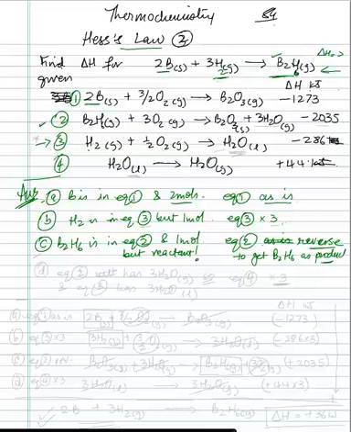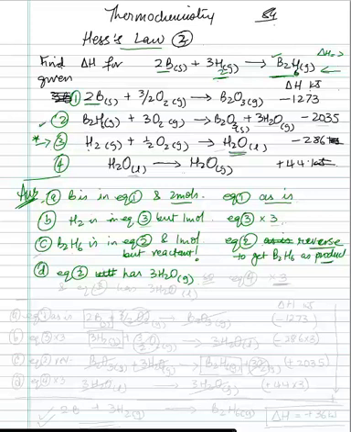All right, so now at least we have all 3 of our chemicals accounted for: boron, hydrogen, and B2H6. So now we have the fourth equation that we have to deal with, and this has to do with water. Okay, and so if you look at equation 2, equation 2 has 3H2O, and so if it has 3H2O in gas form, we need to get rid of that, because we don't have that anywhere else. Also in equation number 3, we also have water as liquid.